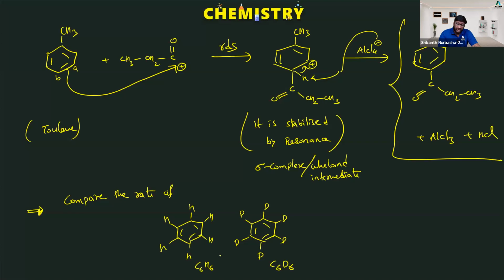Compare the rate of C6H6 and C6D6 towards electrophilic substitution reaction. All of you try to answer this very interesting question. Everyone understood the question or not? C6H6 is benzene, C6D6 is hexadeuterobenzene. That means all the hydrogen atoms of benzene have been replaced by deuterium atoms. So which will have greater rate towards the electrophilic substitution reactions?